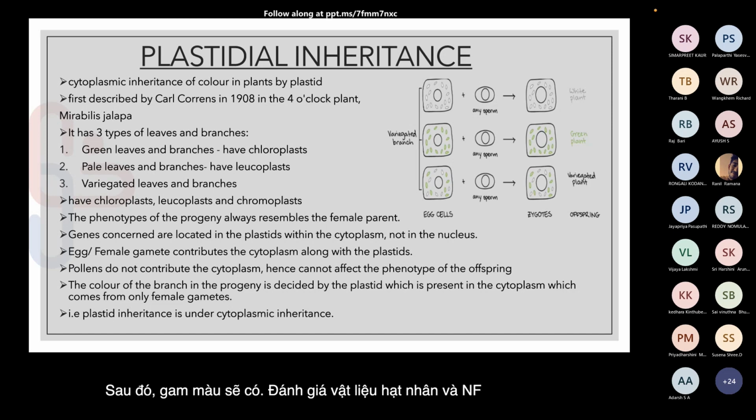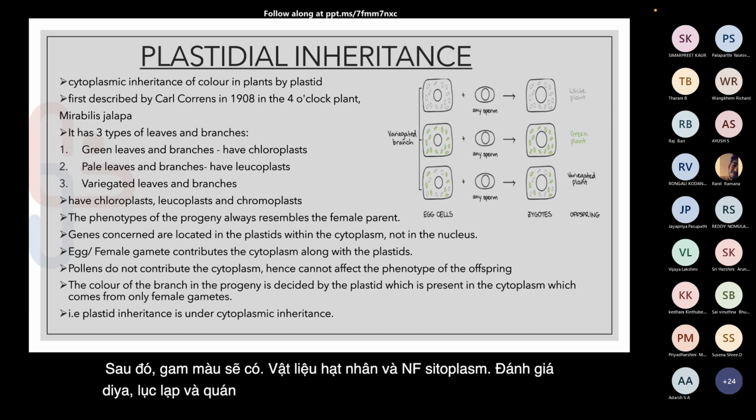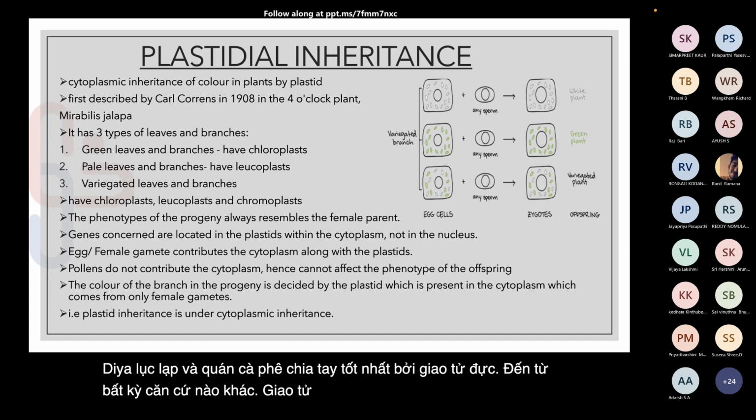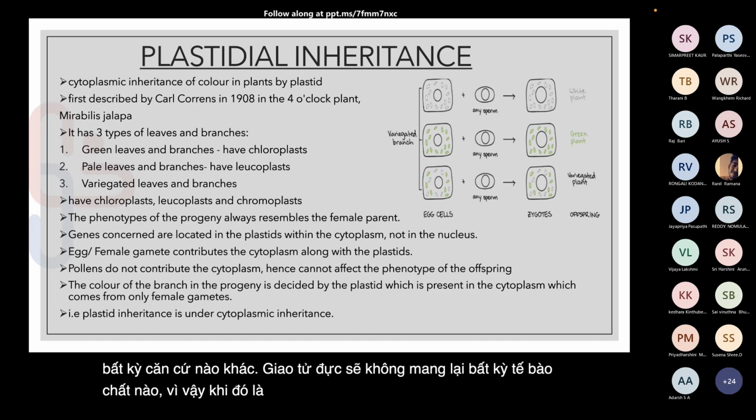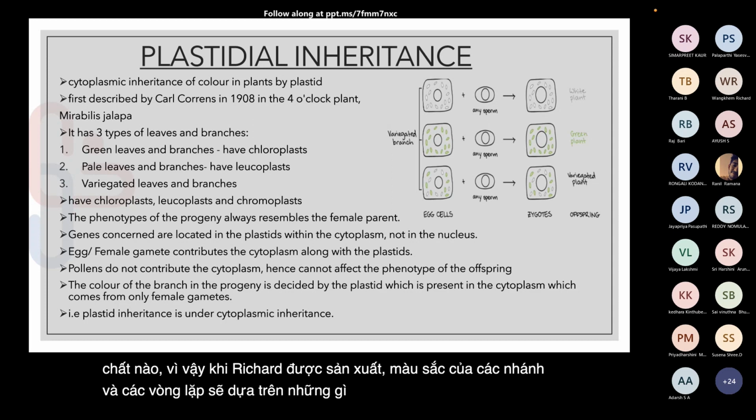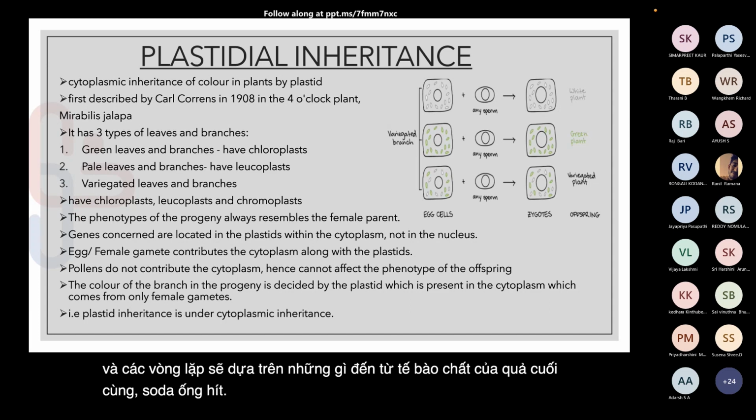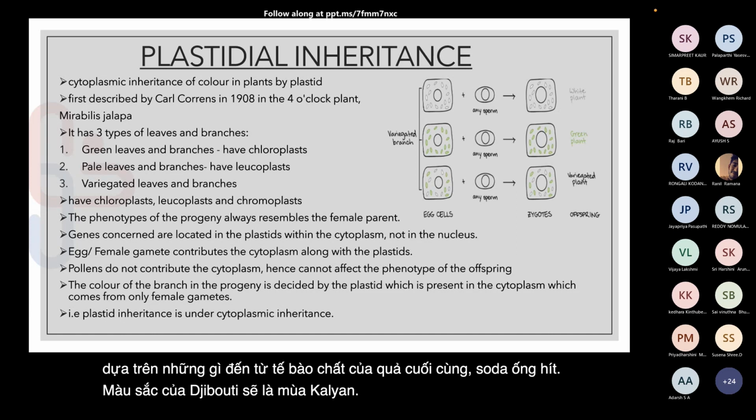If it is fertilized by the male gamete coming from any other branch, the male gamete is not going to bring any cytoplasm. So when the zygote is produced, the color of the branches and the leaves will be based on what comes from the cytoplasm of the female egg. So the color of the zygote will be green because the mother has the chloroplast.